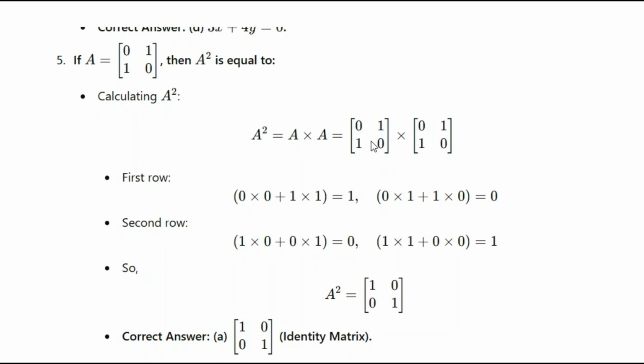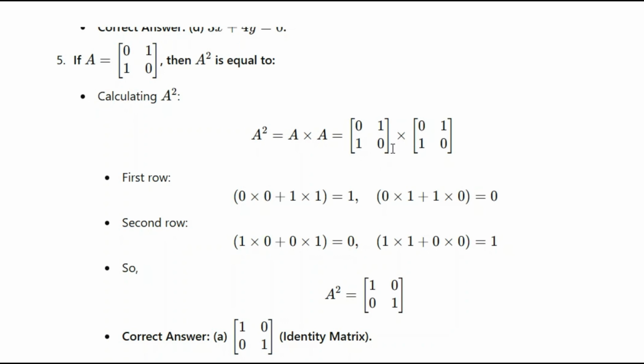Next is first row into second column. First row is 0, 1 and second column is 1, 0. 0 into 1 plus 1 into 0. That is 0. Next is second row, first column. You have to multiply the second row of the first matrix and the first column of the second matrix.